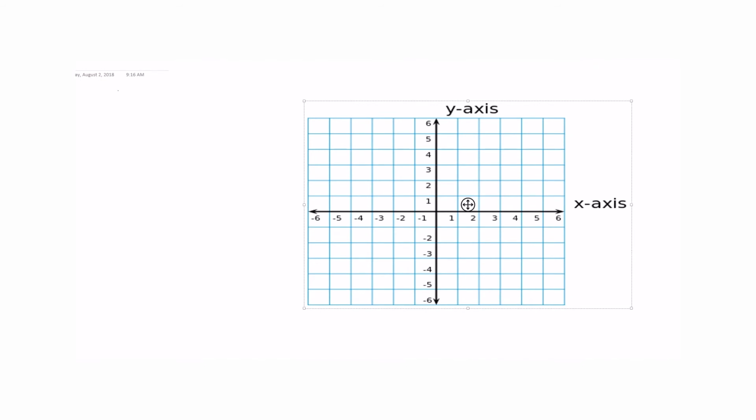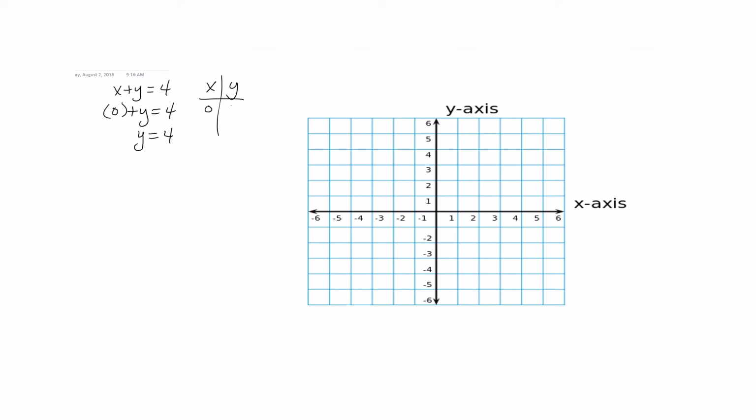So let's graph x plus y equals 4. Once again, I'm going to substitute in some values for x and solve for y. If I put in 0 for x, I have 0 plus y equals 4. So that tells me that y equals 4.